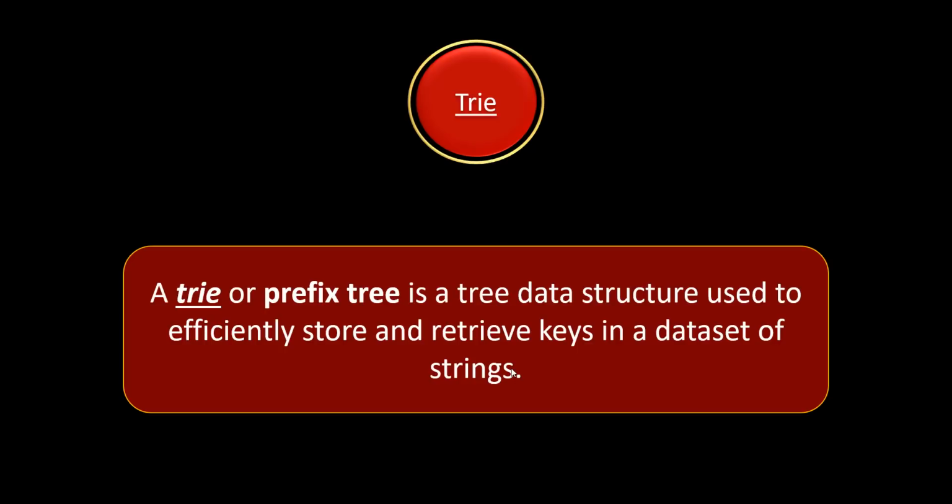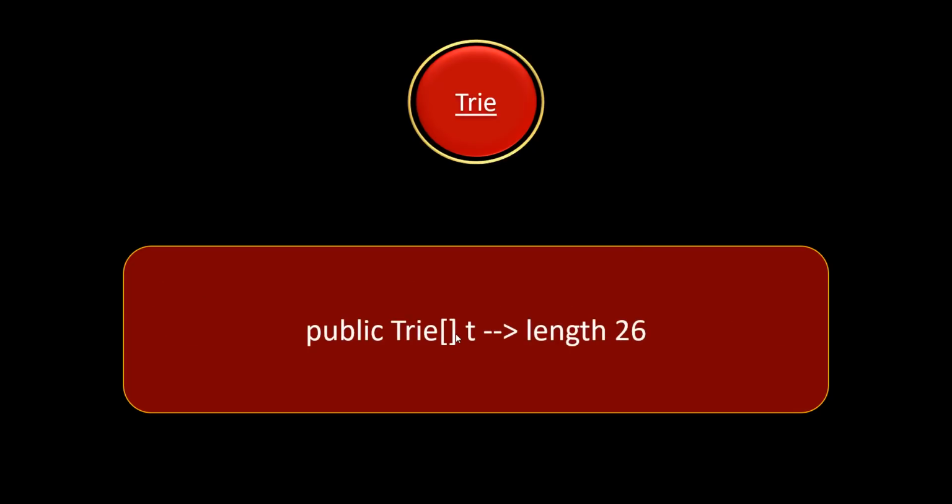In this question, we are not going to see how a trie is implemented, but we'll see the problem specific implementation of trie. The basic thing that a trie has is an array of trie, and that array over here would be of length 26, as we are only going to have lowercase English letters which are 26 letters.